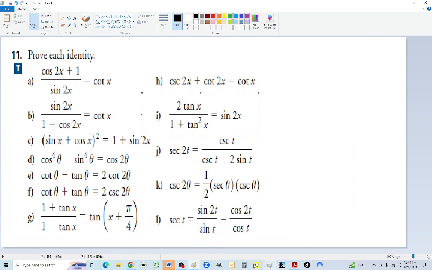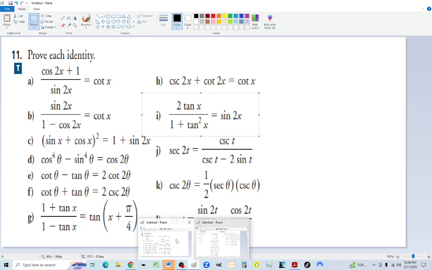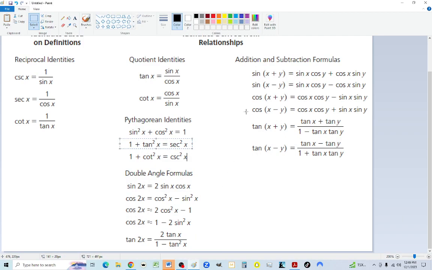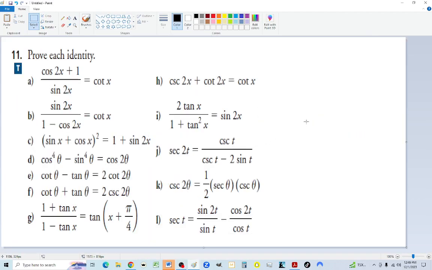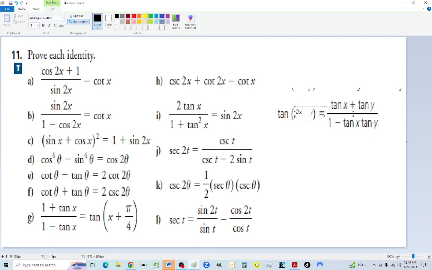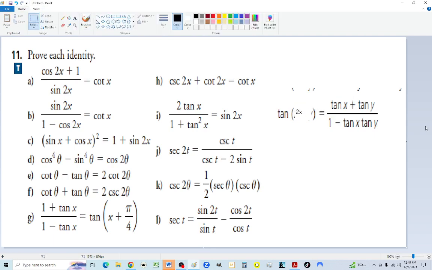This one looks a lot like this. Notice that instead of tan x plus y, if it was both x's, it would be tan x plus tan x over 1 minus tan x squared, which matches that.